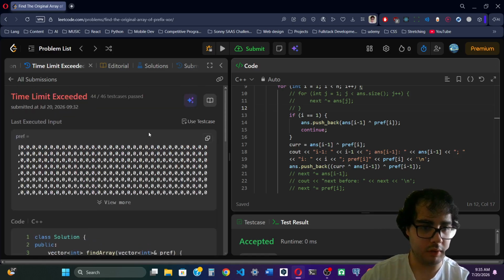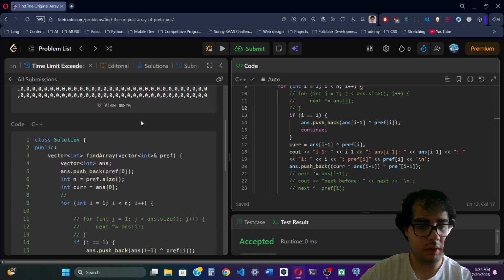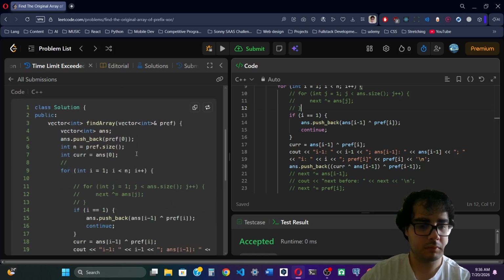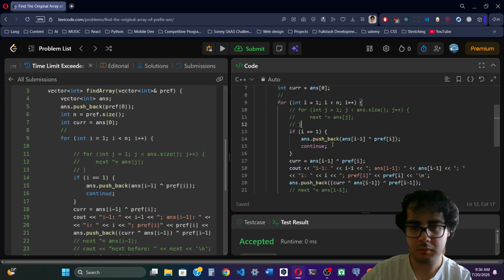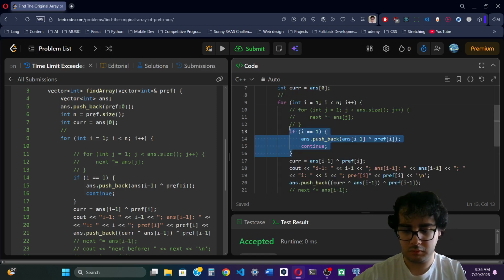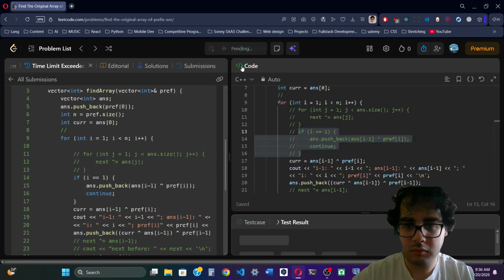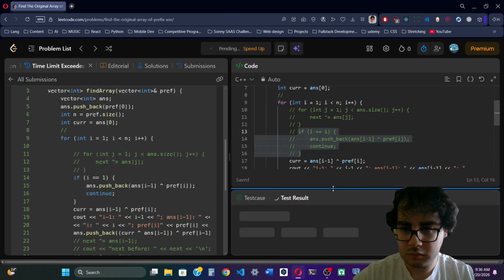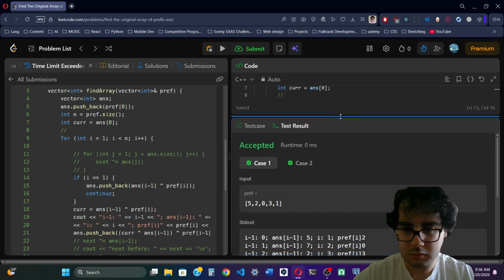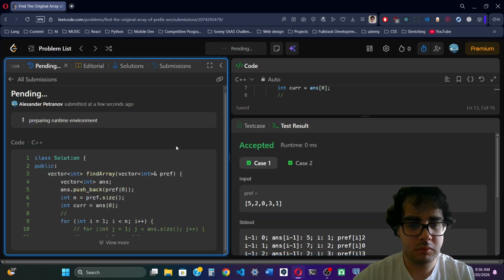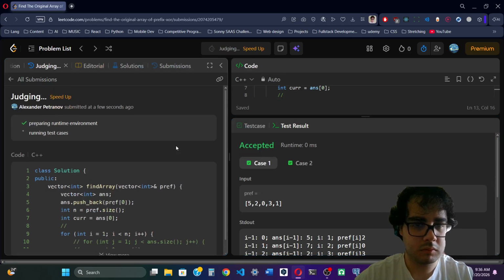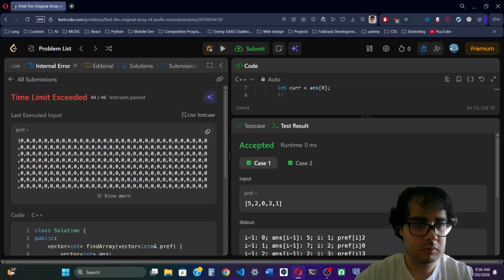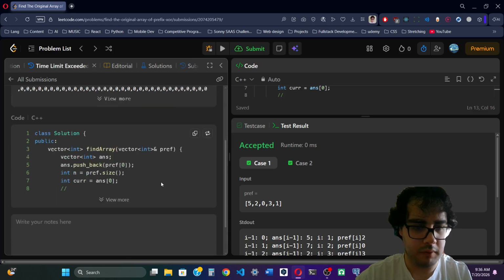Why is it giving exceeded time limit? What could possibly be doing that? The same thing.